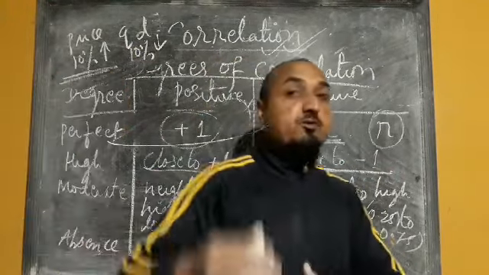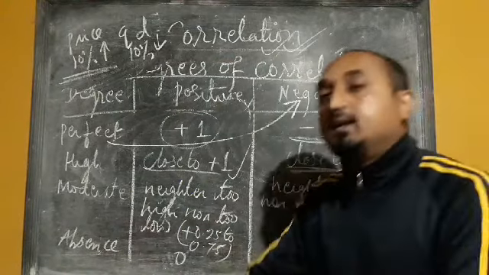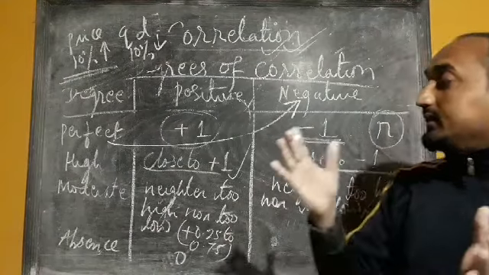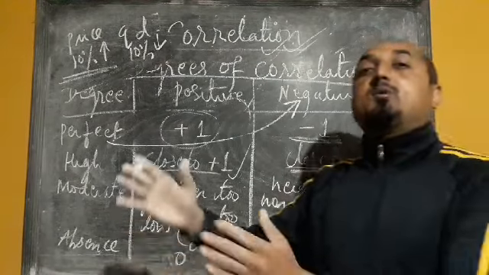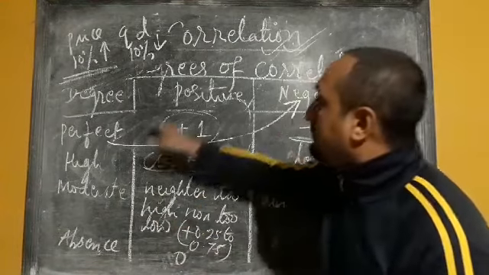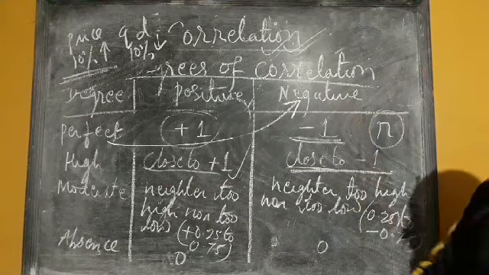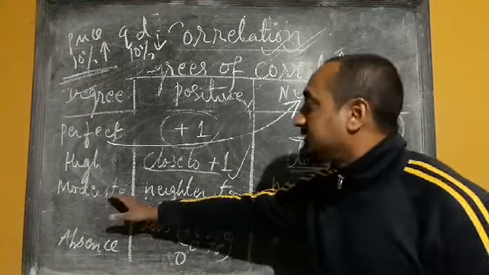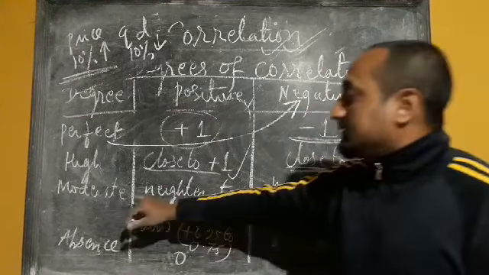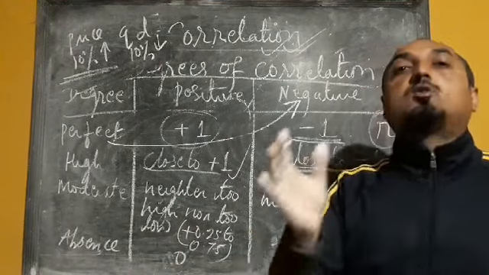Now in the case of moderate correlation, it can be moderate positive correlation, it can be moderate negative correlation. Once again, it can be moderate positive correlation, it can be moderate negative correlation. Now in the case of moderate positive correlation, the value of r will be neither too high nor too low.